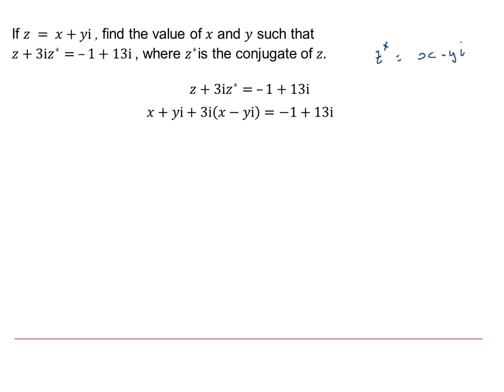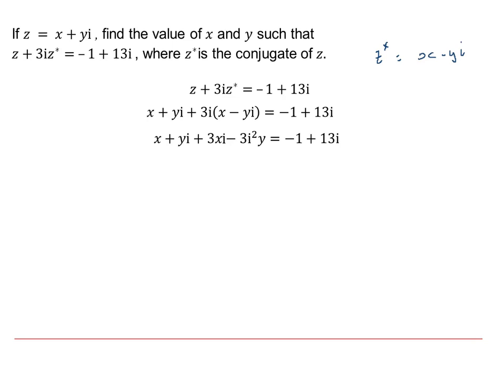Now we can simplify the left hand side, so if we multiply out the bracket, we'll get 3i times x, or 3xi, and then minus 3y i squared. The i squared again being minus 1, this gives us plus 3y, so that's a real part.